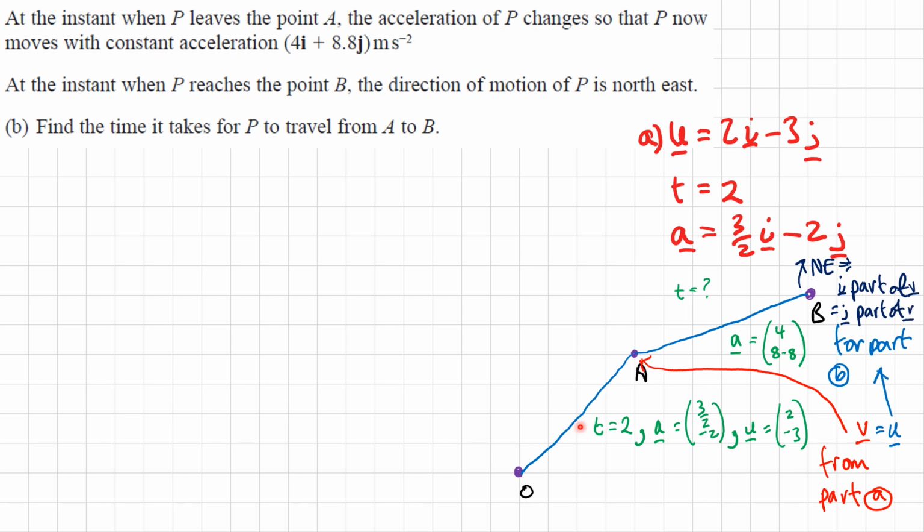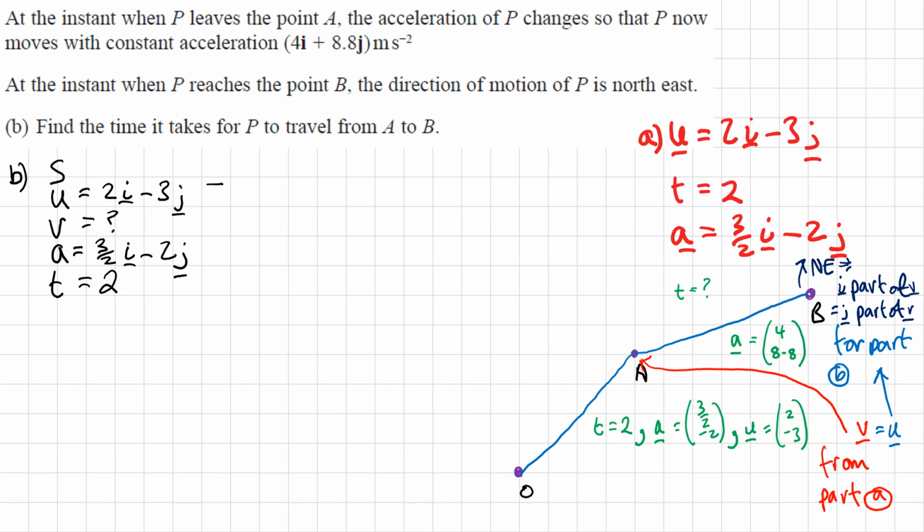So let's start by working out what v is at point A by using the information we got from part A. So SUVAT: t was 2, so this is the first part of the journey, part A. a was 3 over 2 i minus 2j. u was 2i minus 3j, and v is what I'm trying to find.